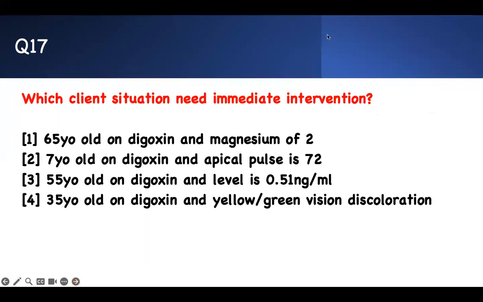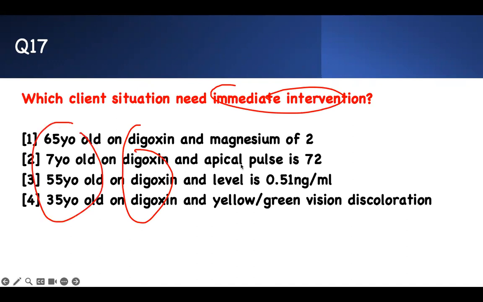Select or apply. Prioritization, as usual. Immediate intervention. Keywords, right? What is the problem? All of them have digoxin and different ages. 65-year-old on digoxin, magnesium of 2. When you're on digoxin, keep magnesium normal. 7-year-old, digoxin, apical pulse 70.